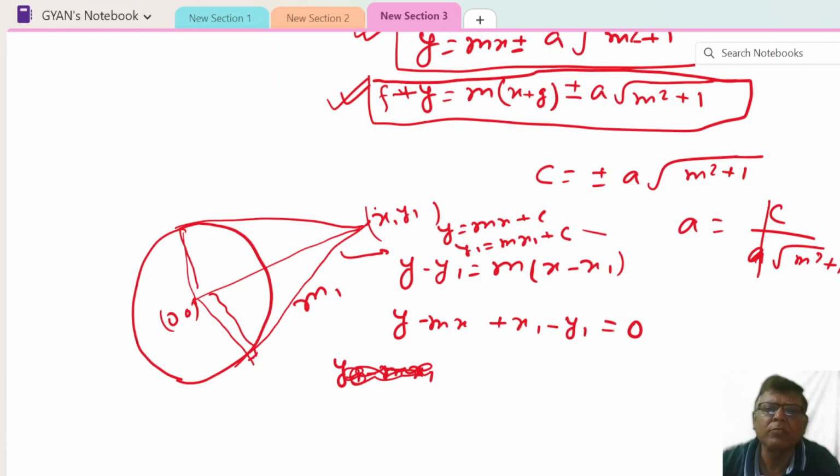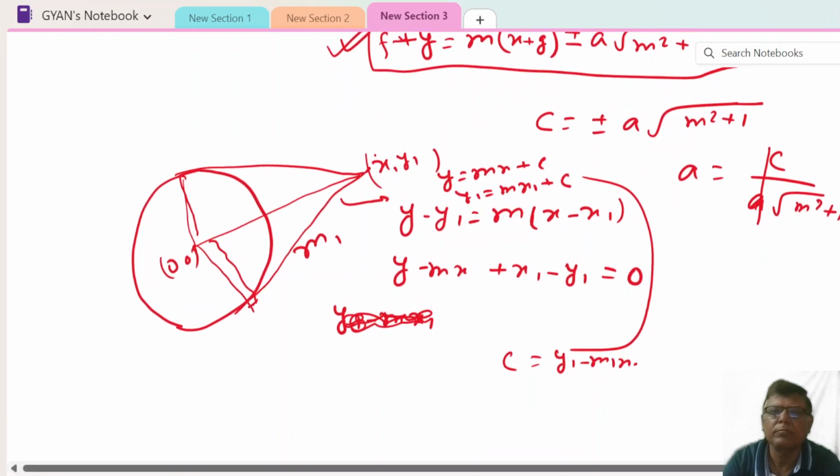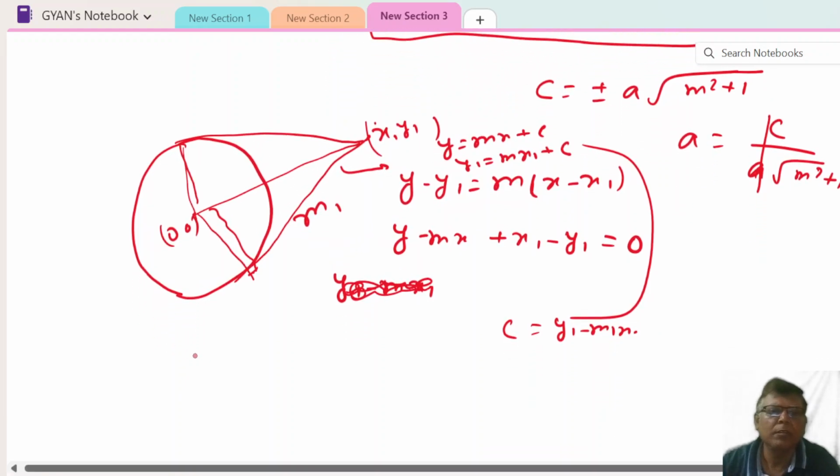Then c is equal to y1 minus m1x. So here a is equal to root over y1 minus m1x divided by root over m1 square plus 1. Here plus minus is there, but here mod we have done.